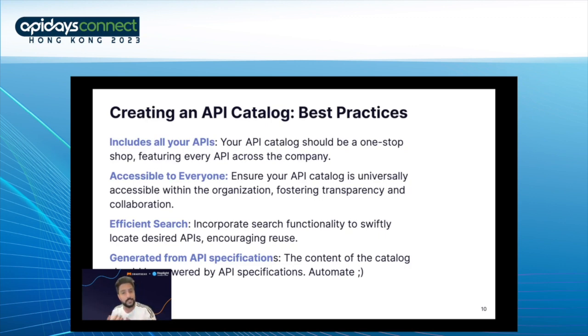And having an efficient search helps you do that. If you can't find it, it doesn't really exist. And I think we talked about it before, but once you have the docs generated from your API specification, the source of truth is the specifications itself, and you're not doing duplicate work, and also you're having consistency in the documentation that's being generated so people know what to expect.